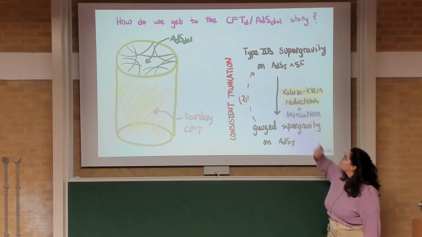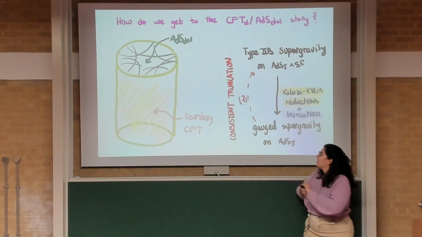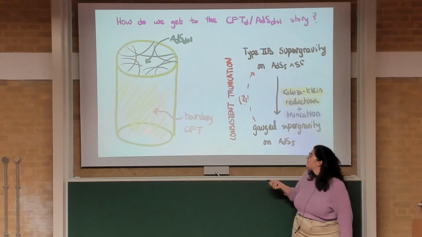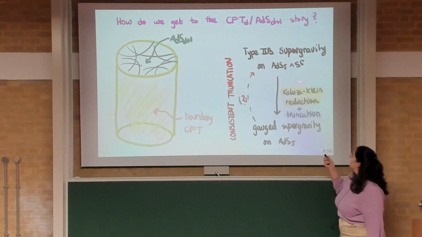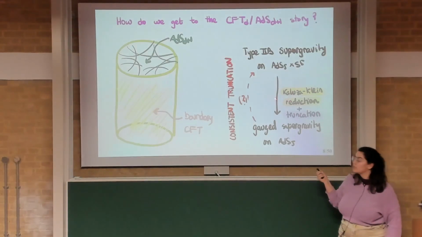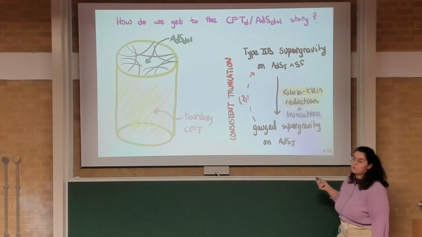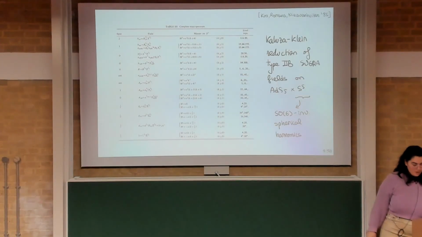So the usual story that now is very well developed of CFT on the boundary of this spacetime can be understood from the higher dimensional point of view as something that you find after you do Kaluza-Klein reduction and you do consistent truncation. And I want to explain what this is.